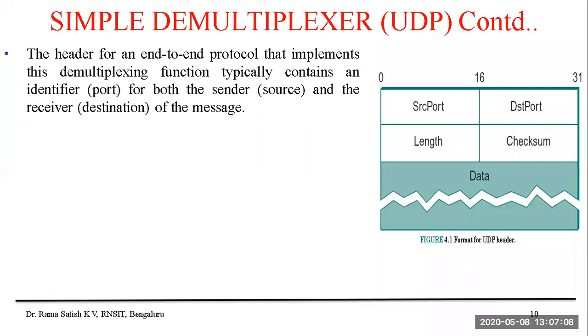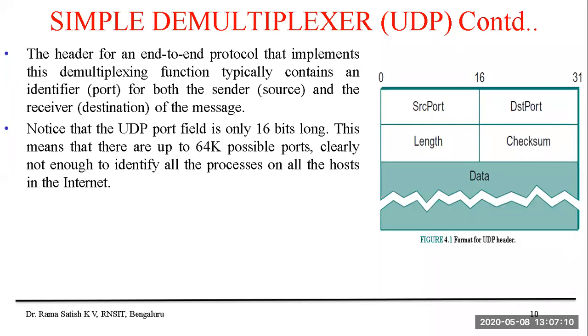That information is certainly required. Notice that a UDP port is 16 bits long, very, very important. That means 2 raised to the power of 16, which is almost 64,000. So there are about 64,000 possible ports available.